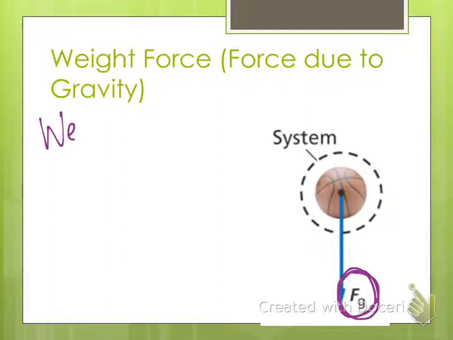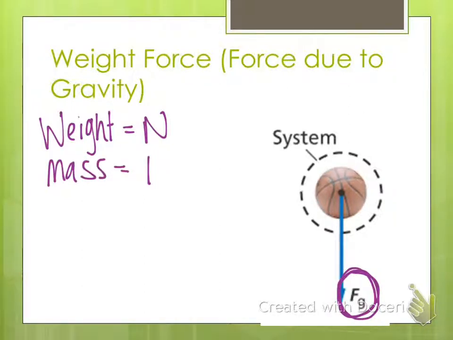So weight is in newtons, mass is in what unit? Kilograms. Good. So those are two big clues for you. If it says an object weighs 40 newtons, that means it's given you the force of gravity. It's given you F sub g. It's not giving you its mass, it's giving you F sub g.